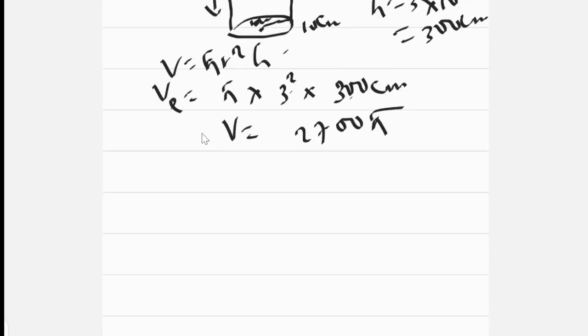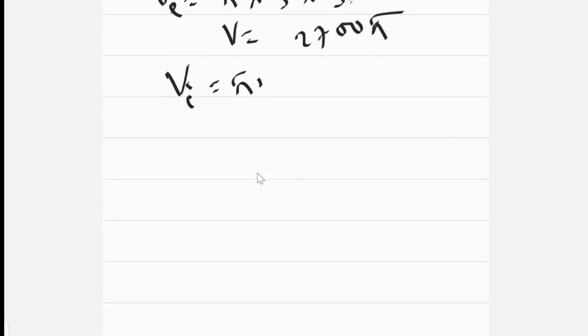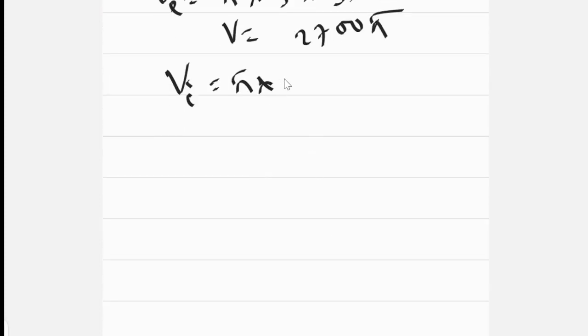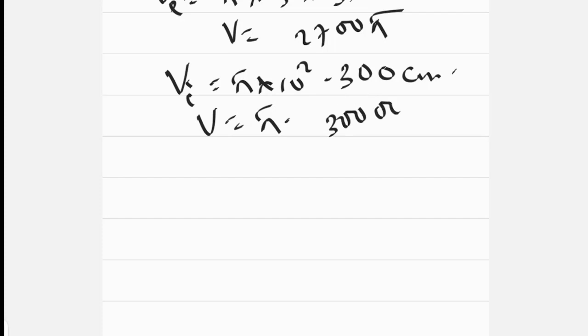Okay, let us find that of the internal too. That is also pi r squared h. What is my radius there? That is 10, so 10 squared multiplied by 300 centimeter. My V will now be pi multiplied by 100 times 300 centimeter, because that will be centimeter cube.